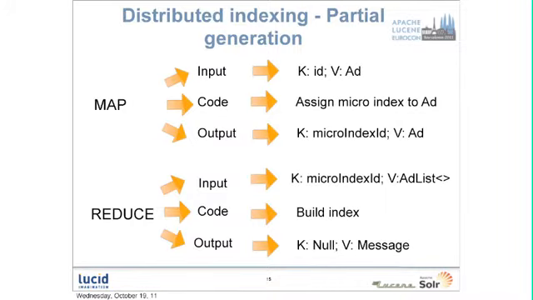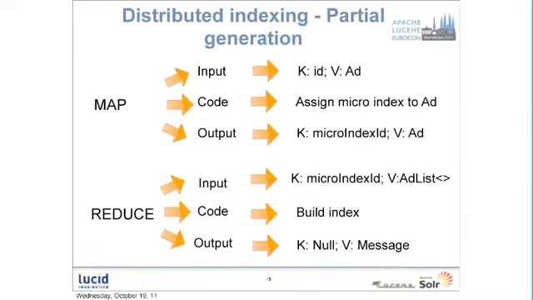Well, if you're familiar with Hadoop, this is going to make a lot of sense. This is the schema of how the job is built. The map, as input, receives as key the ID of a document, and the value is the document itself. And the code here just has to decide which micro this document must go to and output it.